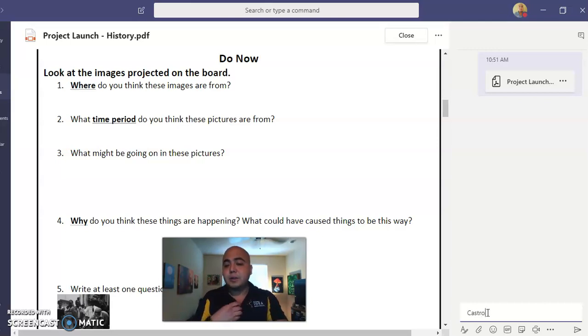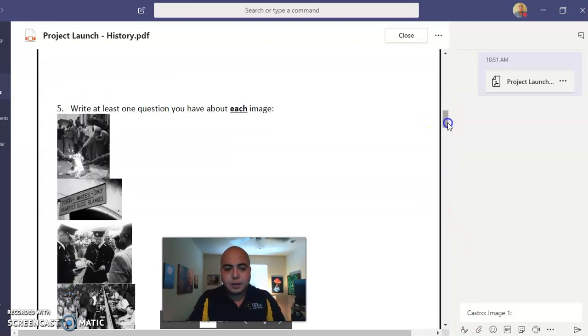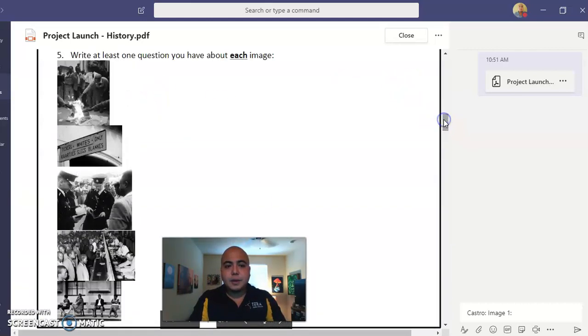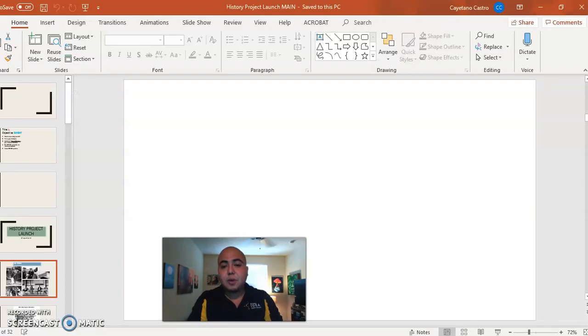That way you identify who you are, so I know who I'm speaking to. Castro, and I say for image 1. Image 1 is this one right here. This is image 1, image 2, image 3, 4, and then 5. And again, you can refer back to this.